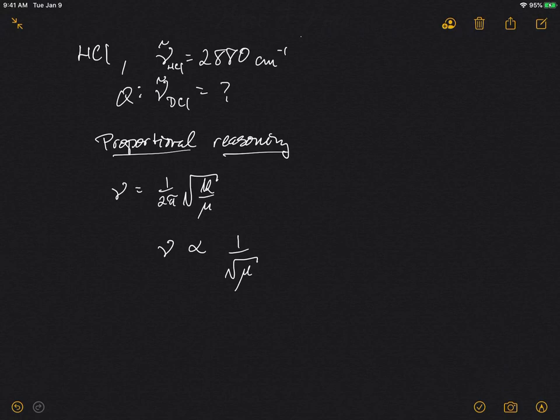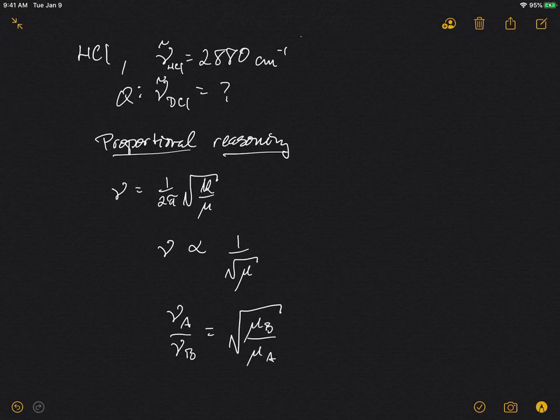Therefore, if we know the frequency for one molecule and we want to find the frequency for a different molecule, and they only differ in terms of their mass, then say we have molecule A and molecule B, nu A over nu B is going to be equal to the square root of mu B over mu A. This follows directly from our previous proportionality.